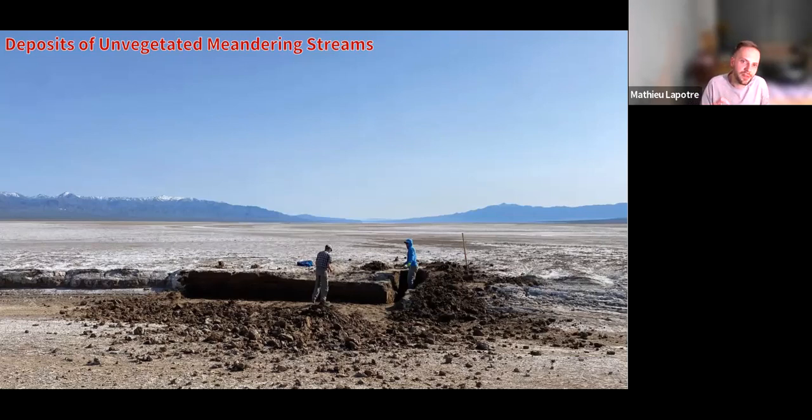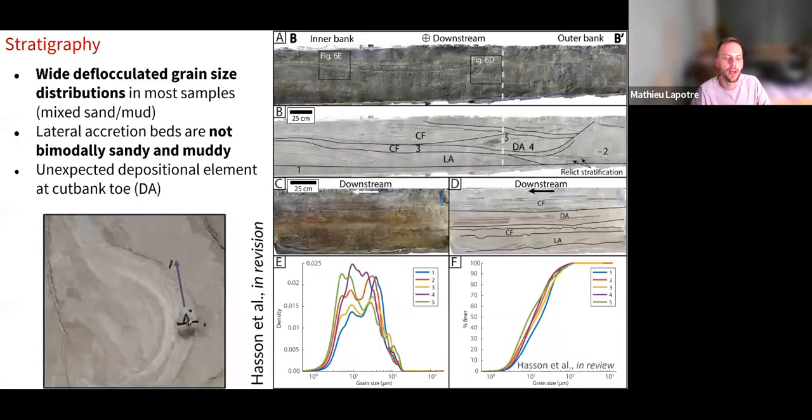So we conducted field investigations of the deposits of such rivers in the Great Basin. Here I'm showing you a set of trenches that we dug at Shoshone Creek, but we've surveyed other areas as well. And here I'm showing you one example from the trenches that we dug that nicely sums up most of the important aspects of what we saw.